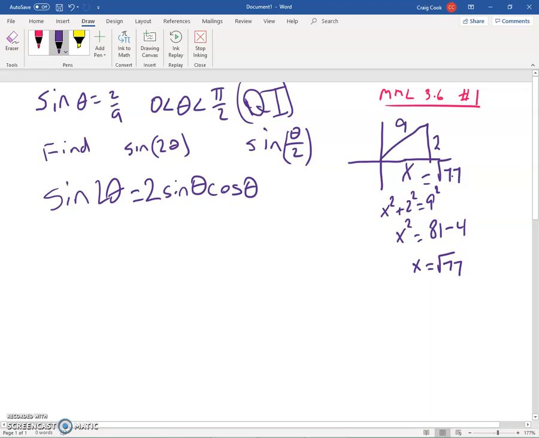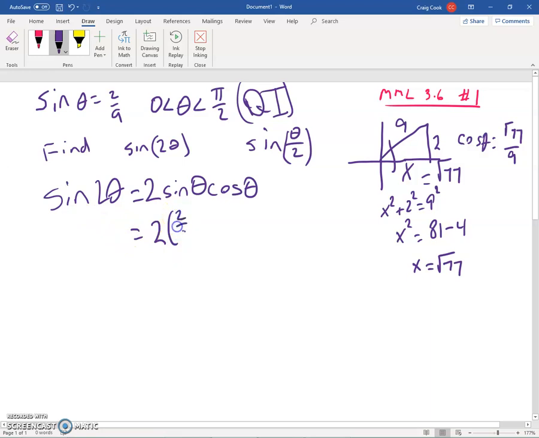So now that would make the cosine of theta root 77/9. So now we just go back and plug into our formula.